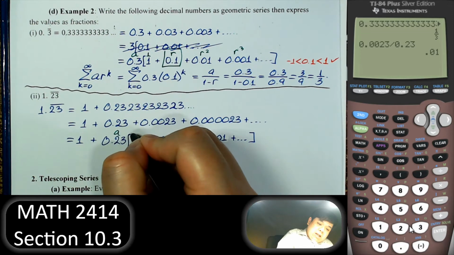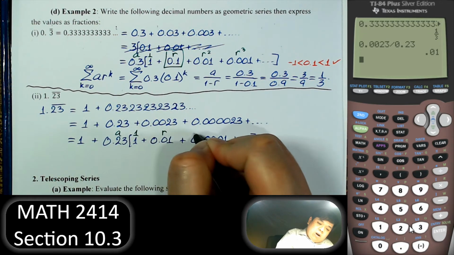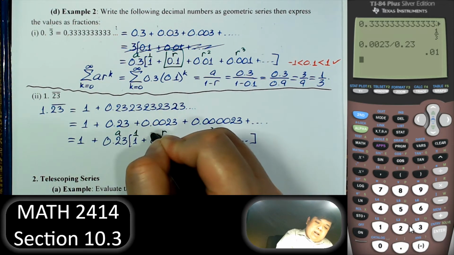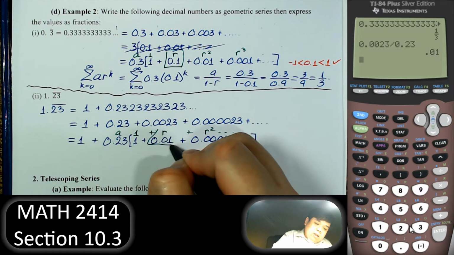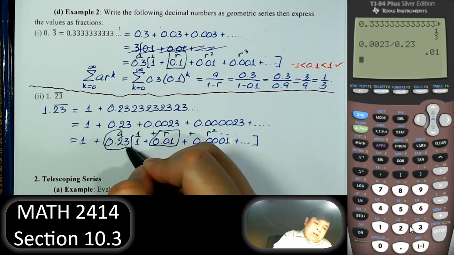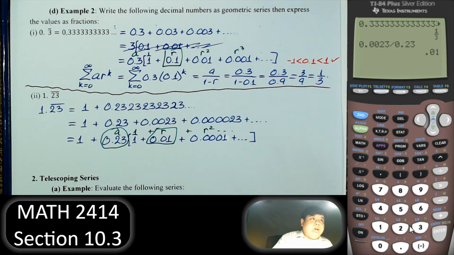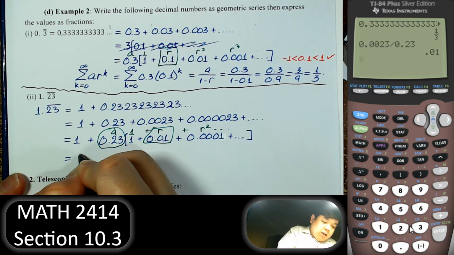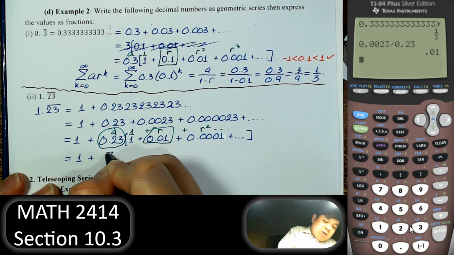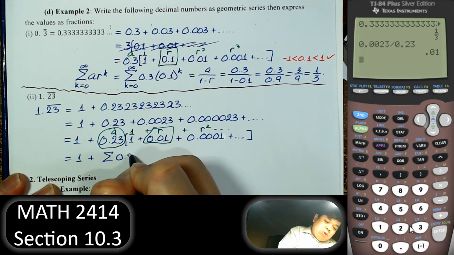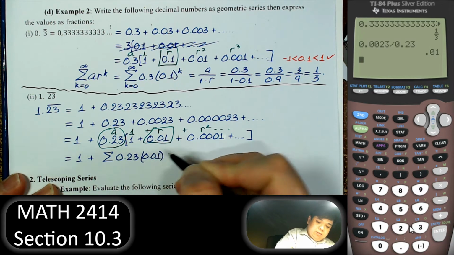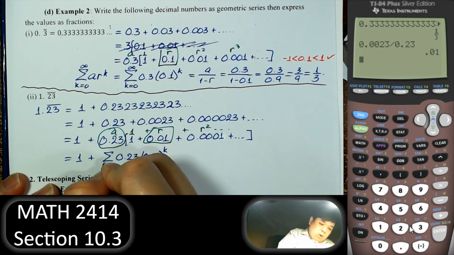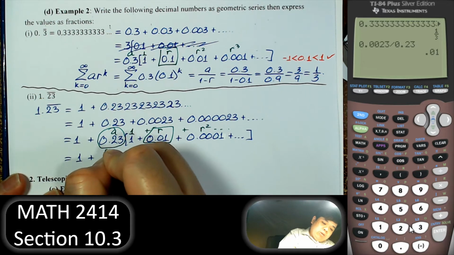This is a, 1, r squared, and so on. So in this case r is 0.01 and a is 0.23. So we're going to have the 1 and then the summation of 0.23 times 0.01 to the k power, where k goes from 0 to infinity.